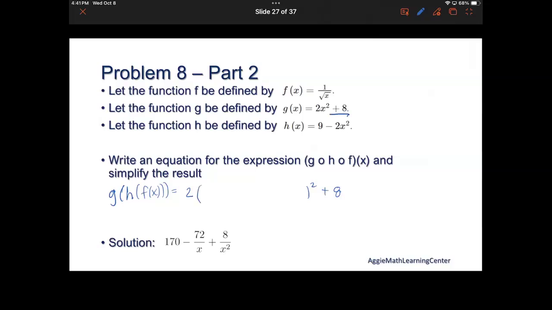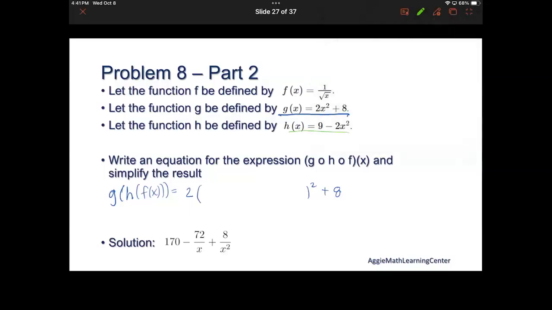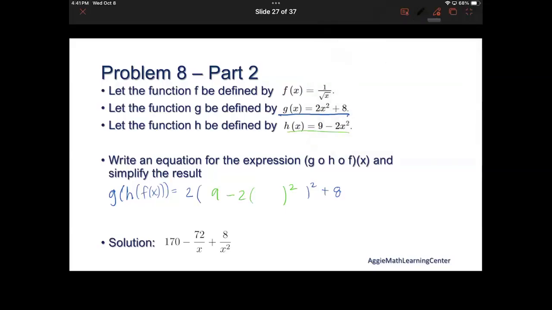So that's G. Now we're going to do h. 9 minus 2 of x squared. And now we're going to do f of x, which is a little smaller, thankfully. Do the colors kind of help? You probably are getting it already, but just to show. And if we simplified it, it would be that thing.